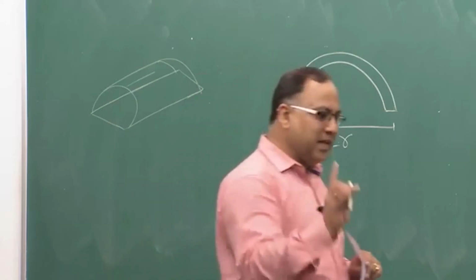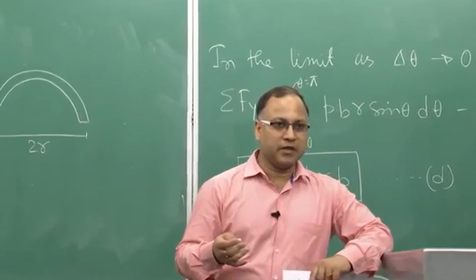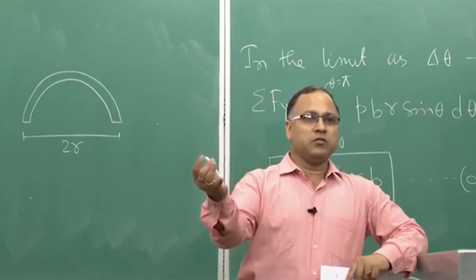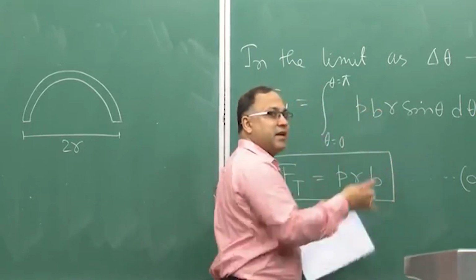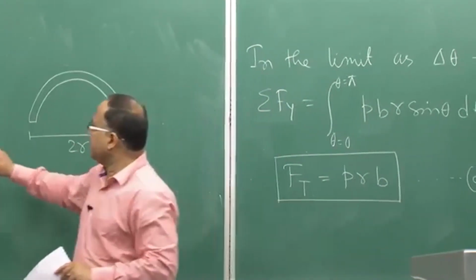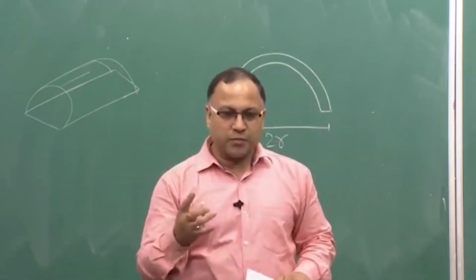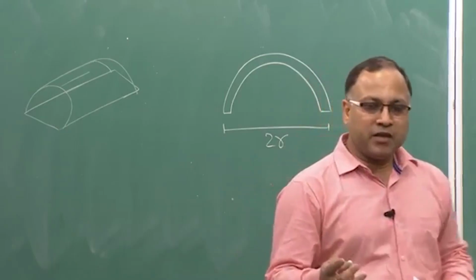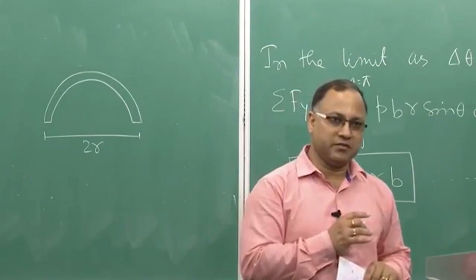So on that area, if your internal pressure P, small p is acting, that must be equal to twice of Ft. Instead of doing this much of complicated calculation, we can simply consider the projected area. This is my projected area. On that projected area, your internal pressure p is acting, and that should be balanced by the developed force Ft. Okay.